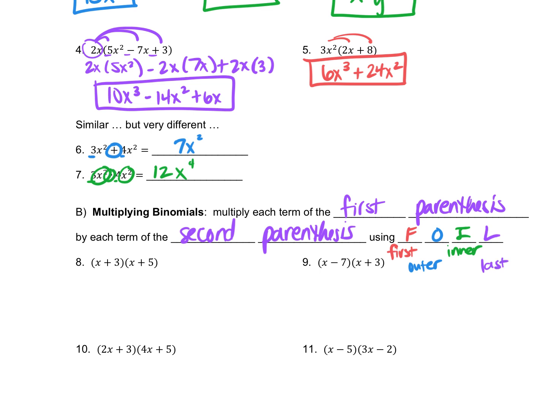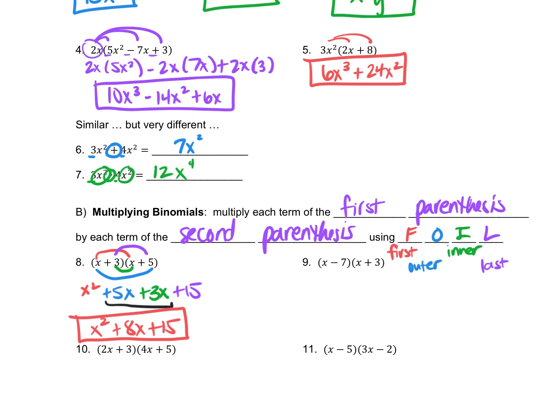So what that means is I take the first 2 terms, multiply x times x, so I get x squared. Then I do the outside terms, so x times 5, so I get plus 5x. Then the inside terms, 3 times x. And then the last term, so 3 times 5, which is 15. When I do this, always check to see if I have like terms that I can combine. So this is x squared plus 8x plus 15.